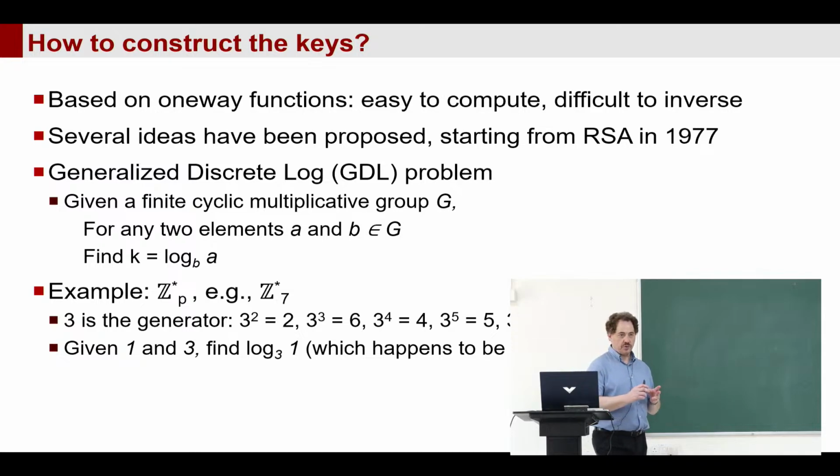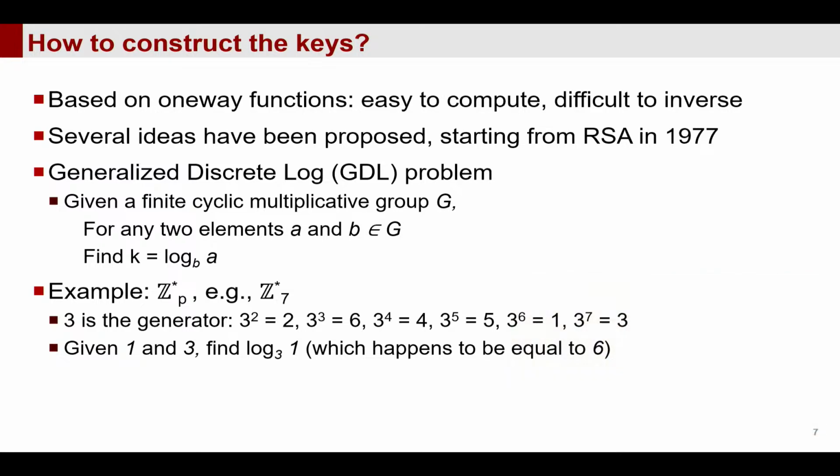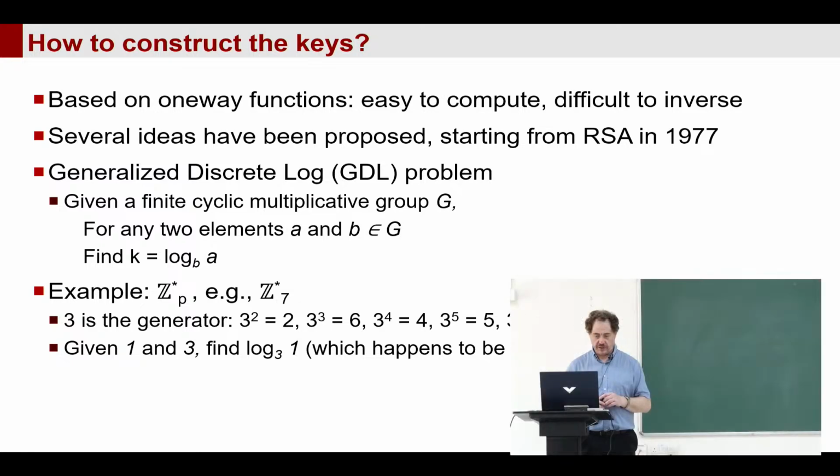So we exhausted all the members of that group, and this is why the group is cyclic. And actually there is a theorem saying that if the number is prime, then any group created this way would be cyclic and would have a generator.